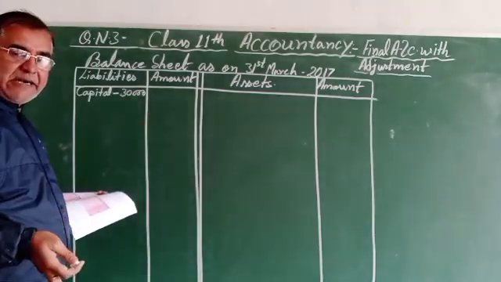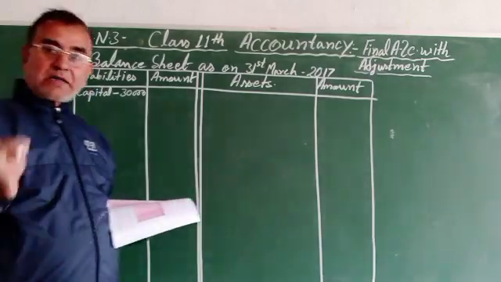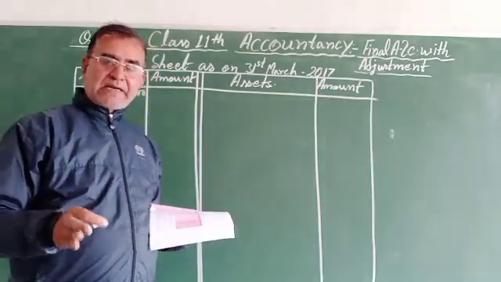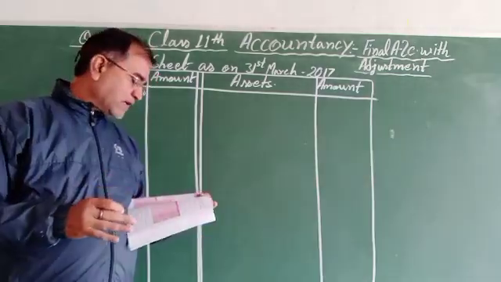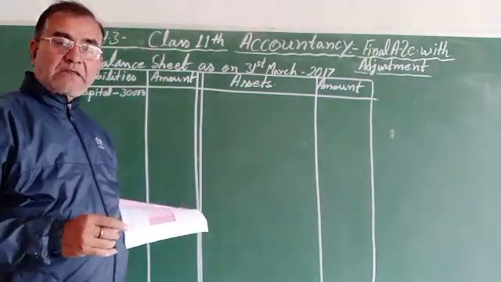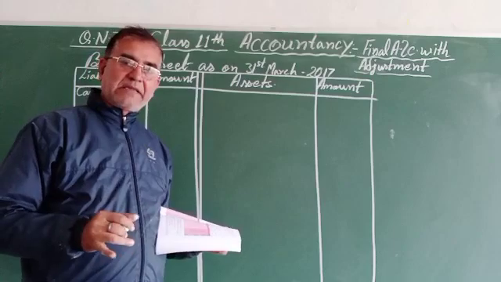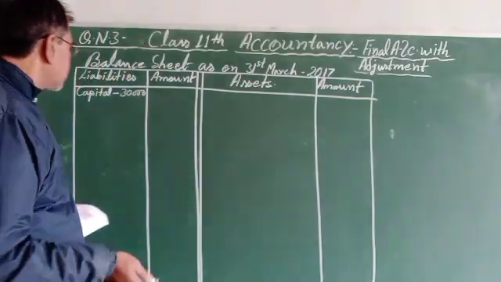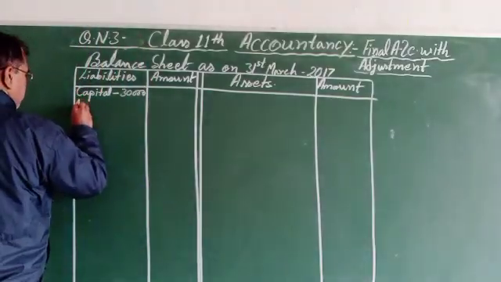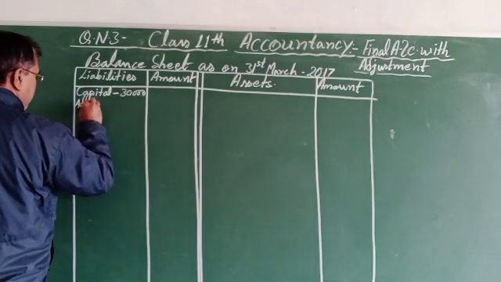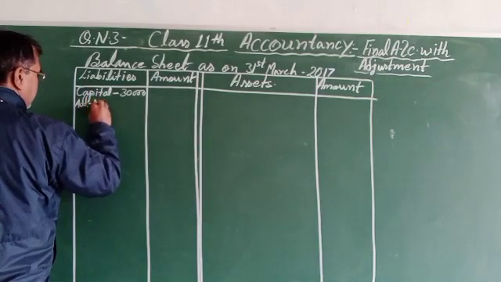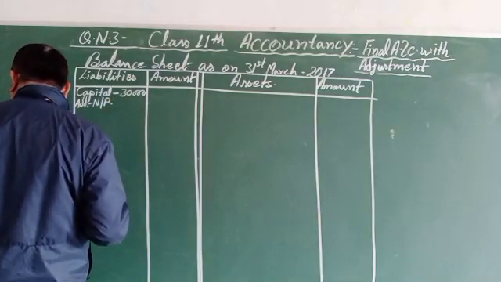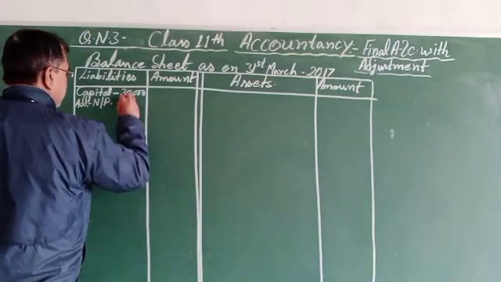And what are the adjustments? The firm earned a profit, as ascertained by the accountant by preparing the profit and loss account, that is 14,700 of net profit. So the capital increases. Now add net profit, the net profit earned by the firm, that is 14,700.